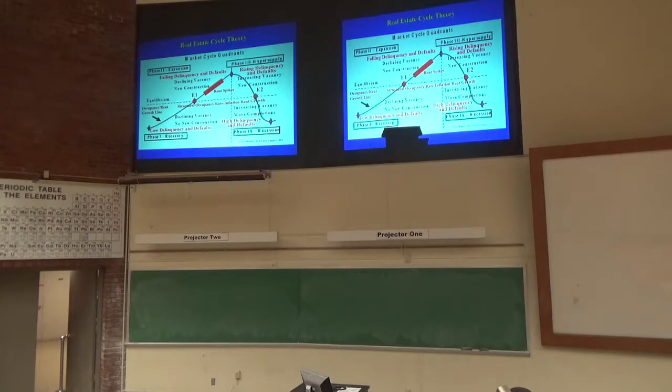Then as you start to move from phase 2 expansion into hypersupply, all of a sudden supply is starting to come into the marketplace. Rents are growing well above the inflation rate. Occupancy rates are at all-time high, and job growth is still probably at its peak in the business cycle.